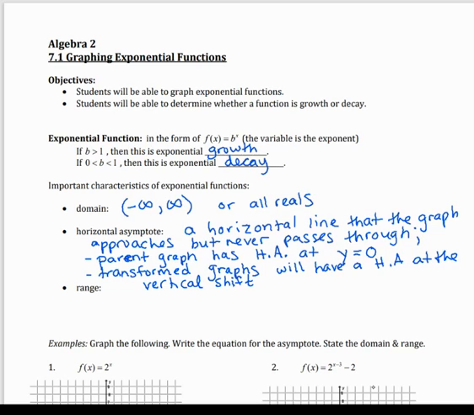Therefore, to find the range, we're going to determine the horizontal asymptote.